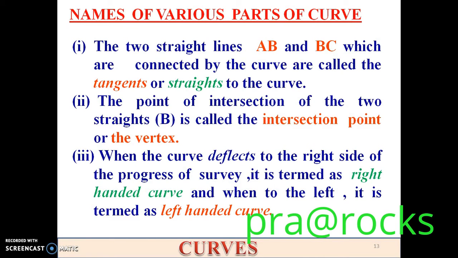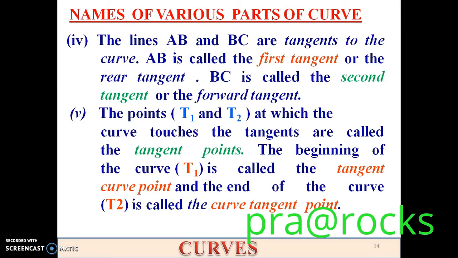The various parts of the curve again in detail. AB and BC form the tangents, and B is the intersection point or vertex. When the curve deflects to the right of the progress of the survey, it is termed a right-handed curve, and when to the left, a left-handed curve.